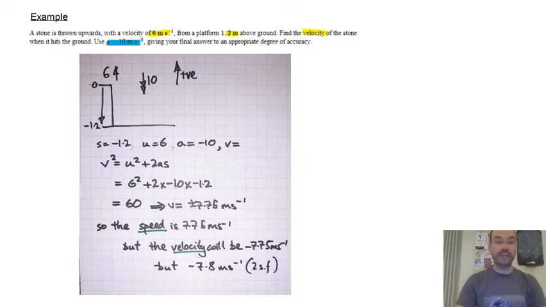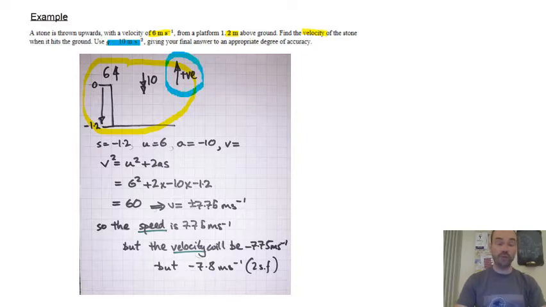Well, how do we do this? Same way as we're going to do all SUVAT questions. Diagram, which is the same for all mechanics questions. Notice something I've added to the diagram: I've decided which direction is positive.